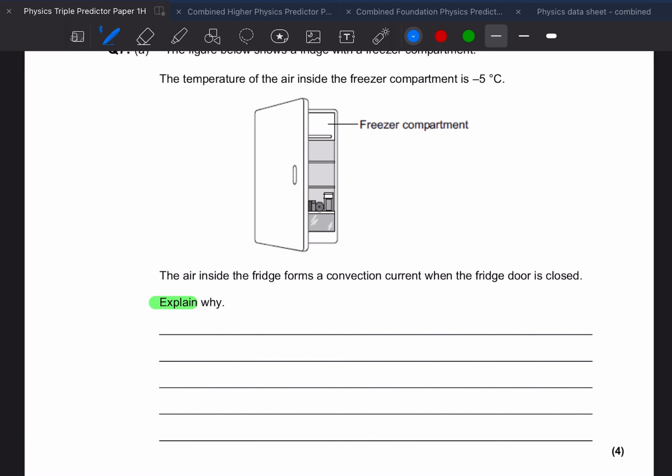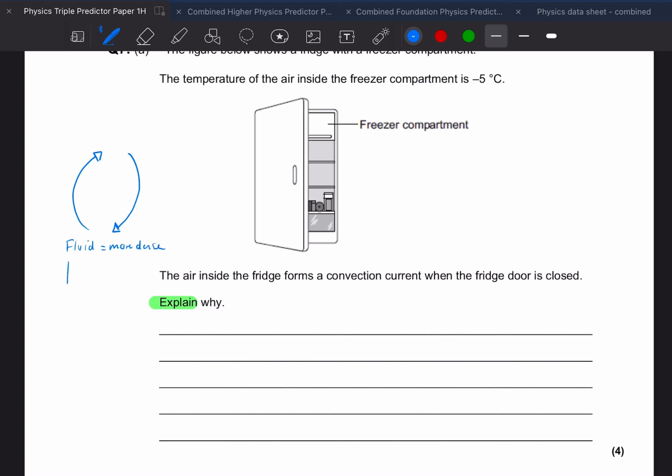Convection currents are when we have heat or hot air, or it can be any fluid. So we've got the rise and we have a fall. Why do they happen? Well, it's because the air or the fluid at the bottom is more dense.